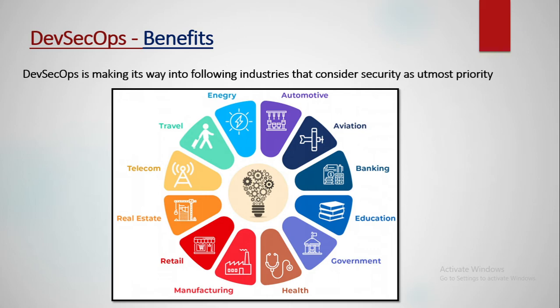Not only that, it increases application security, stability and availability. It also saves cost in resource management and minimizes risk and legal liability. These mentioned points can be taken as major benefits of DevSecOps. Okay, let's move to the next slide.